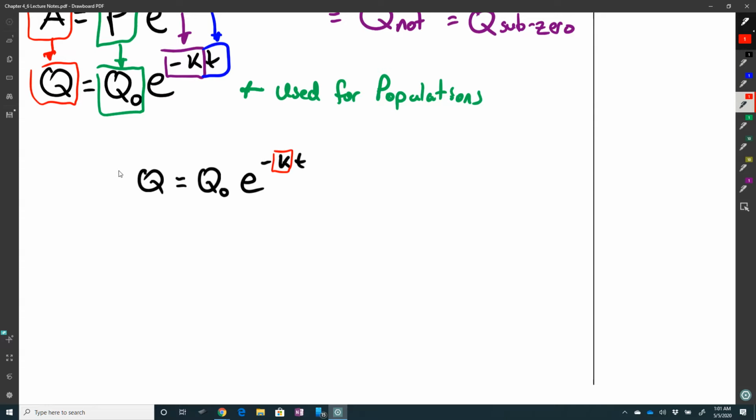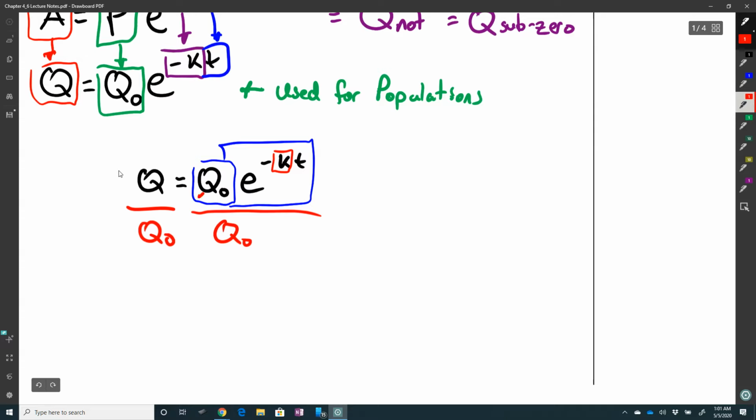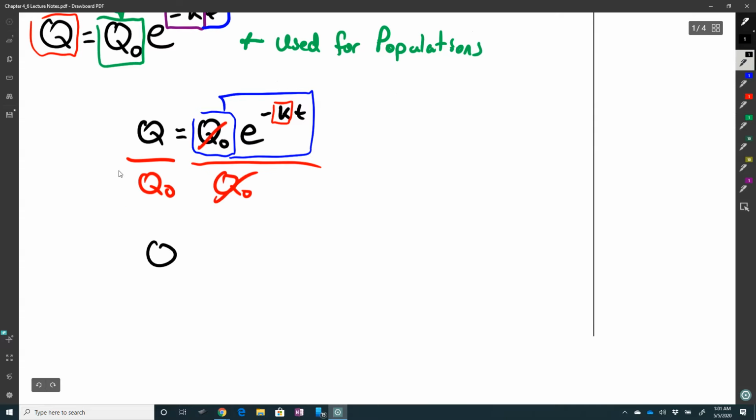Again, what we have here is two things that are being multiplied: thing 1 times thing 2. In order for us to use log, the exponential term has to be by itself. So I'm going to divide both sides by Q naught. And so I have Q over Q naught equals e to the negative kt.